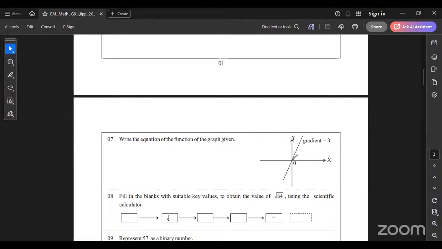What is the intersection? Can anyone say what the intersection point is?